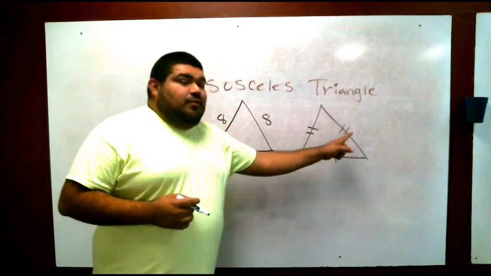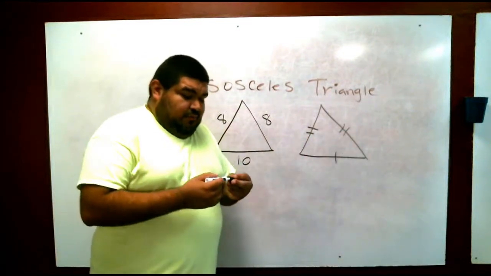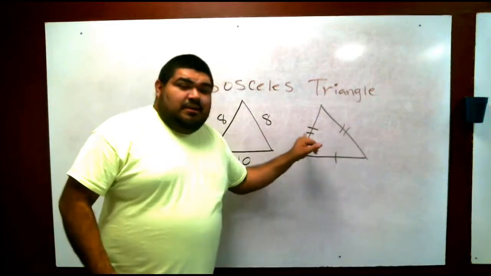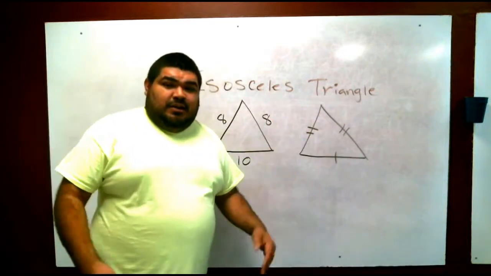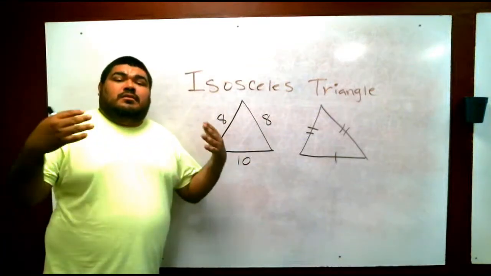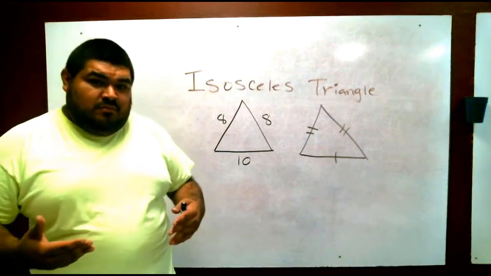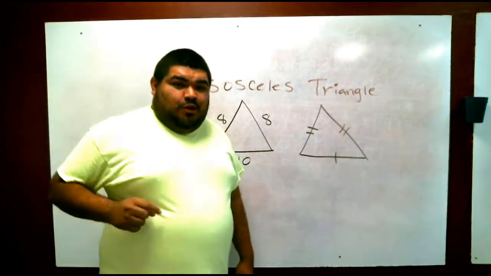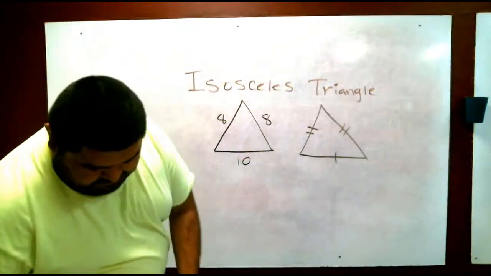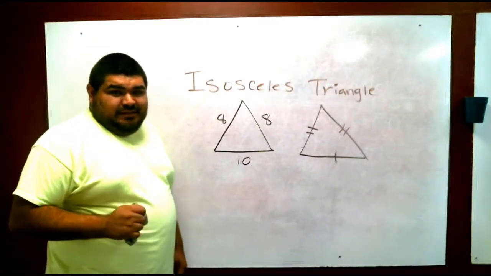These 2, notice how they both have 2 lines. That means that they're the same. So if you see one where there are 2 lines the same, that means they're the same measurement. Or if you see 2 numbers that are the same measurement, that is an isosceles triangle. Okay? There's one more we're going to cover. Make sure, again, it's in your notes before I erase it.